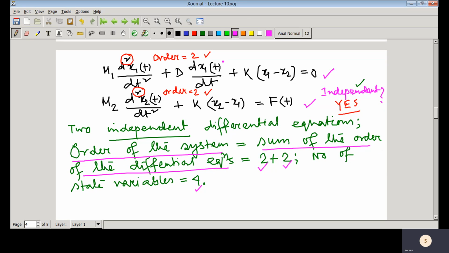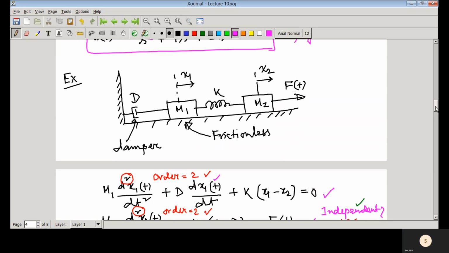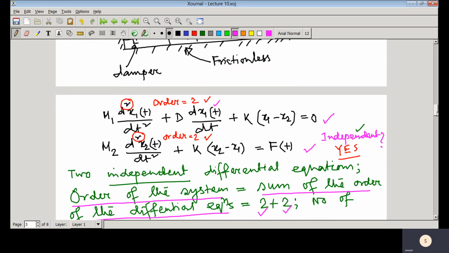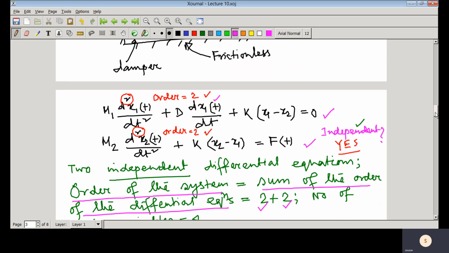Here you have the displacement x1, and for mass 2 you have another displacement, x2. So position x1 and position x2.